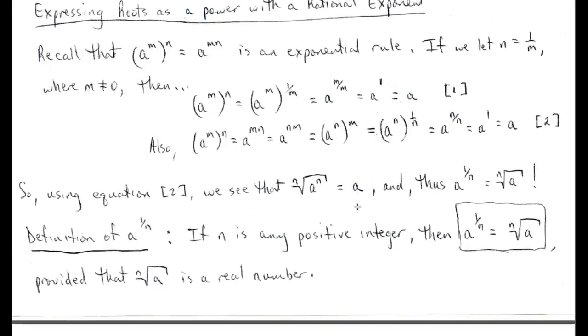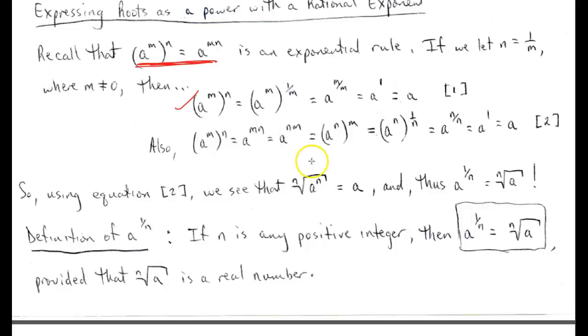The next thing here just goes along and talks about the definition of a raised to the 1/n in terms of this particular exponential rule here. You see how I go through the algebraic manipulation to show that. It really gets a little convoluted, so I'm not going to go through it all.